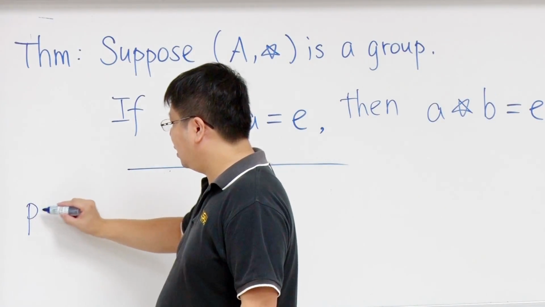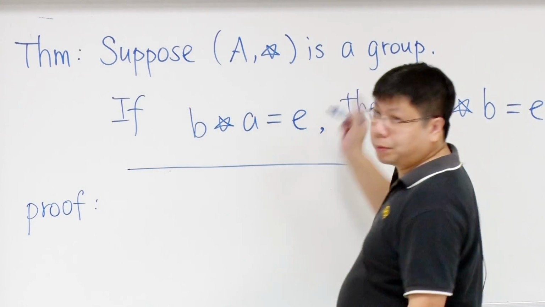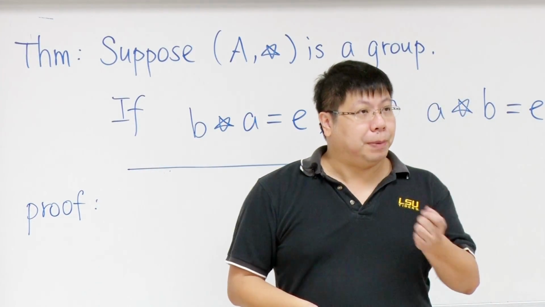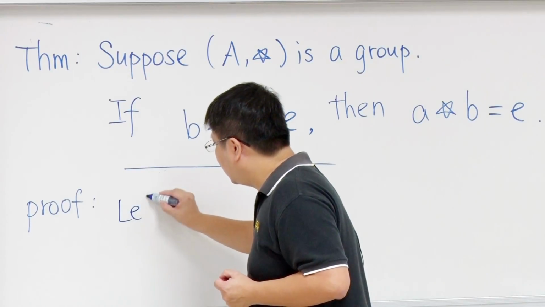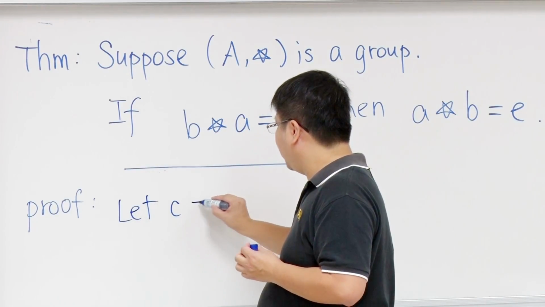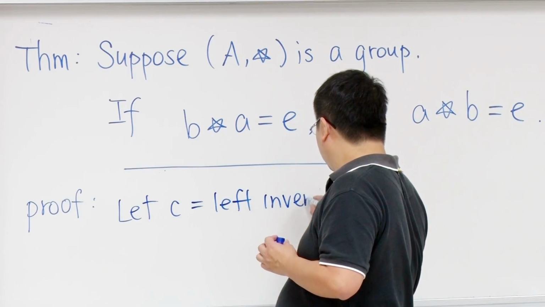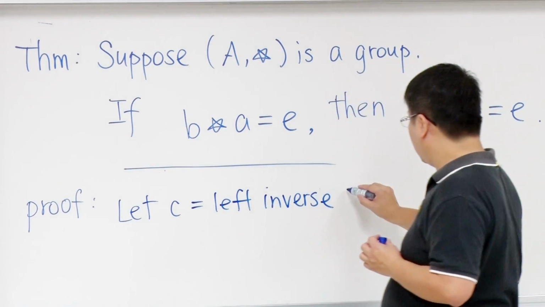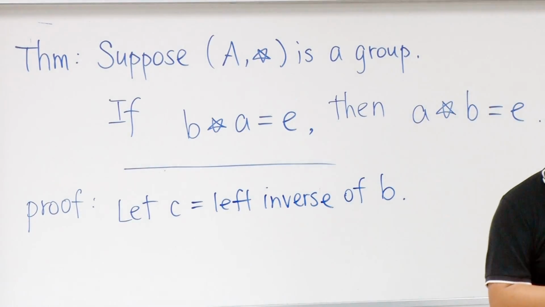So the proof. Because this is a group, B will also have a left inverse. Let C be the left inverse of B. So we have never talked about anything called a right inverse.